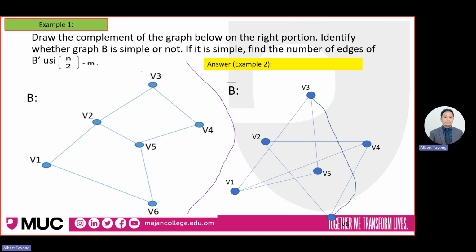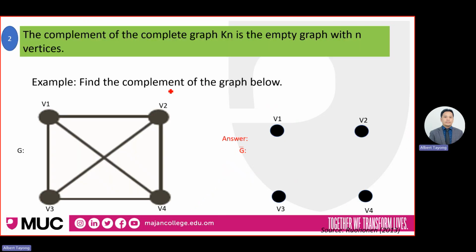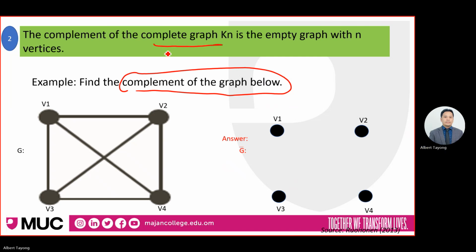There are 8 edges. Now the complement of a complete graph is a null graph. Okay, when I say complete, all the points are connected to each other. Like V1 is connected to 2, 3, and 4. V2 is connected to 1, 3, and 4. It's connected to all.